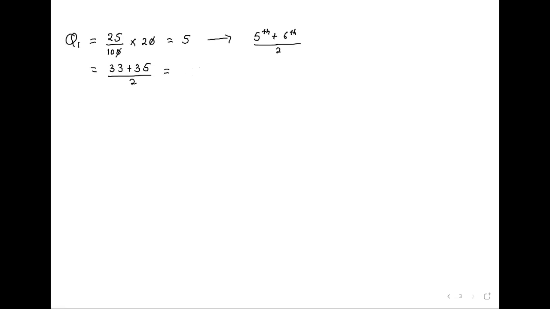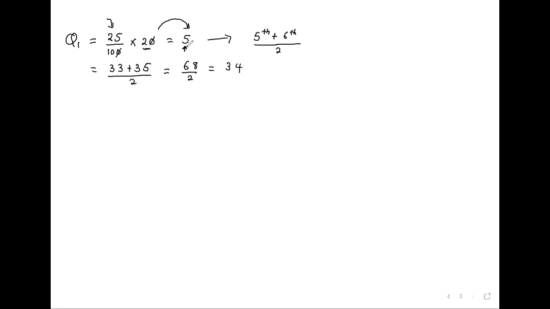So we have 68 divided by 2, which is equal to 34. To get the first quartile, it is the 25th percentile. So you get 25 out of 100, and then multiply by the total number of observations. If you get a whole number, then you take the position of that whole number plus the next position, and then get the average.